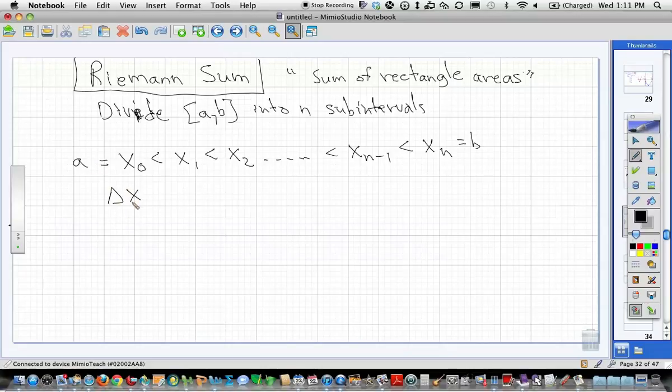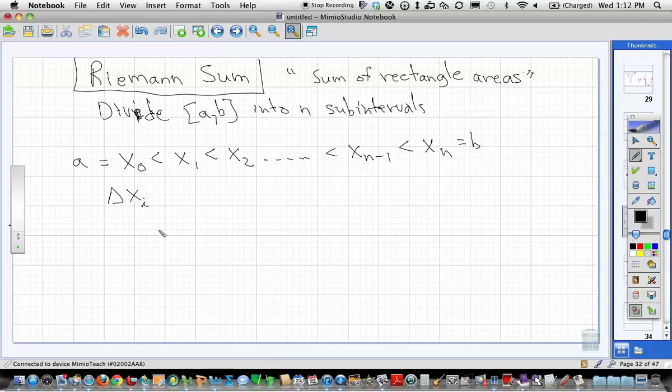One is our width, delta x. Now, I can't call the width delta x because it's not going to be equal all the time. So I'm going to have a delta x1 and a delta x2 and a delta x3 because each width could be different. So I'm going to call that delta x sub i. i is going to be the number of the subinterval. First subinterval, second subinterval.